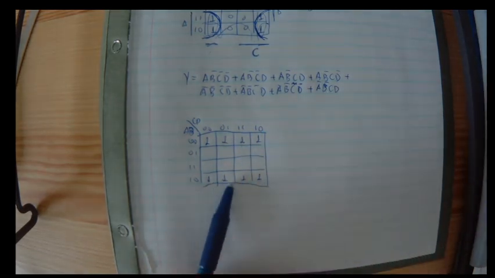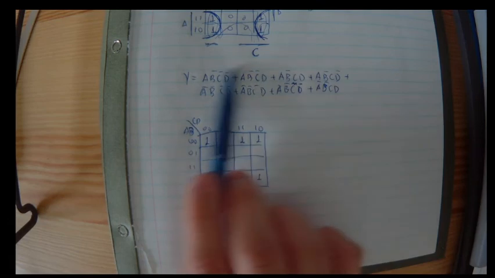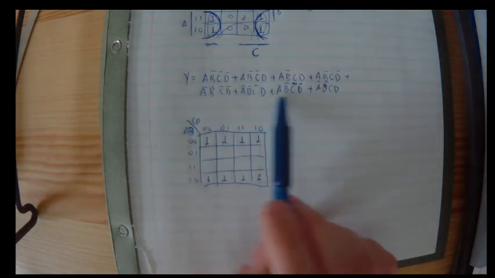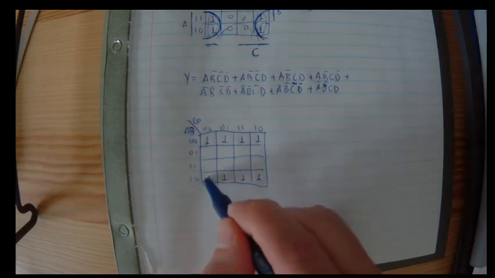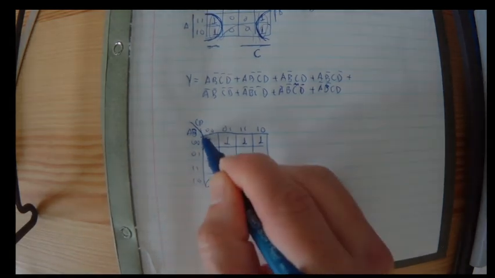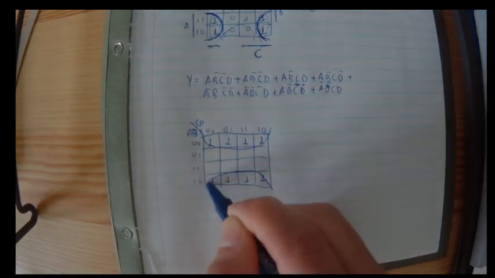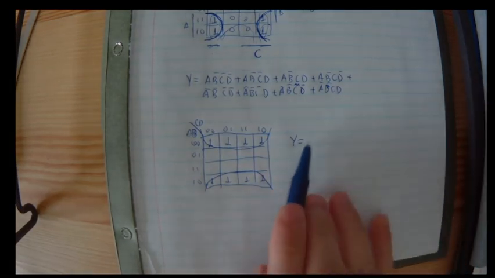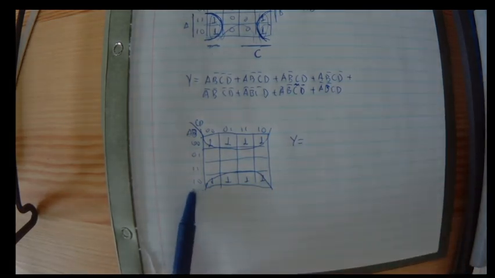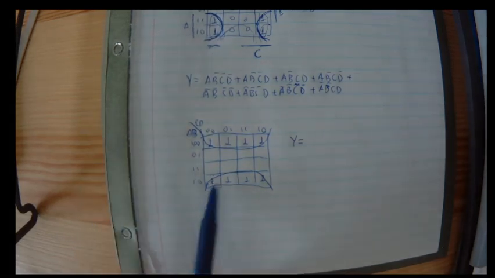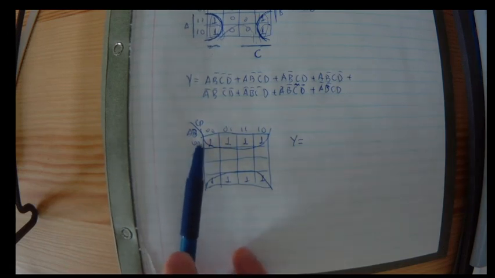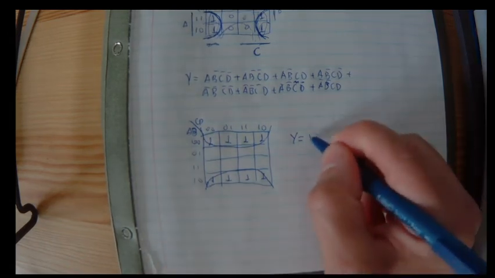So again, this one is pretty big, but we have so many repetitions that actually you can group all these 4 with all these 4. And for the simplified version of this, you can see that here A is 1 and here A is 0, so A is out. B is 0, B is 0, so complement of B is in.